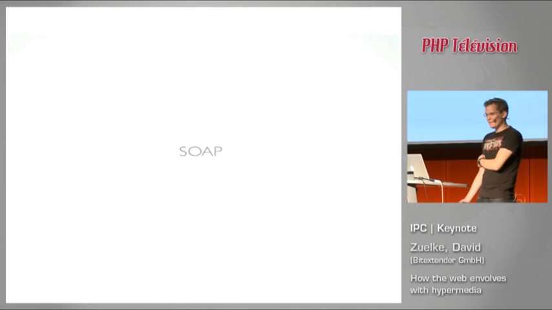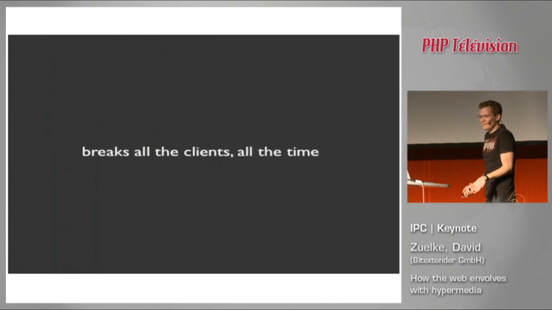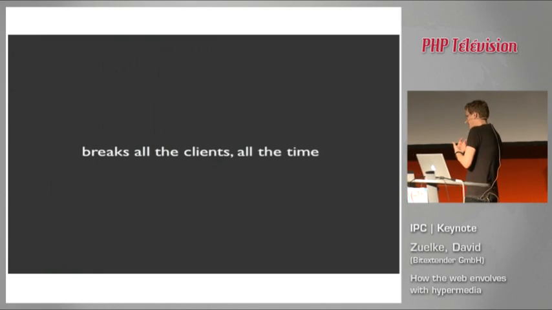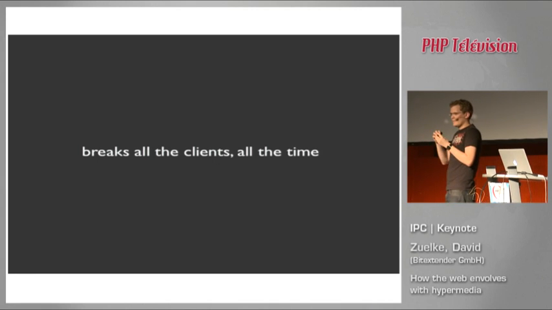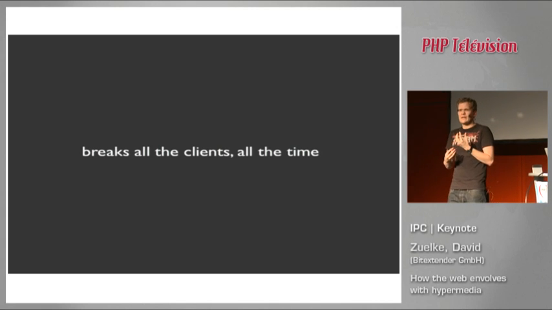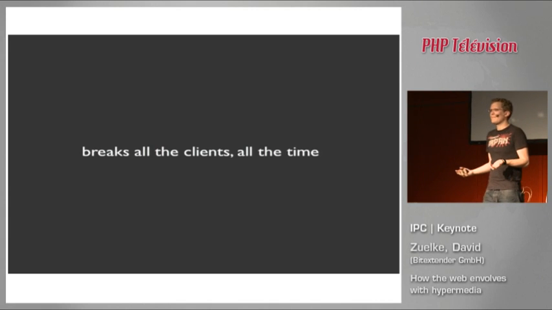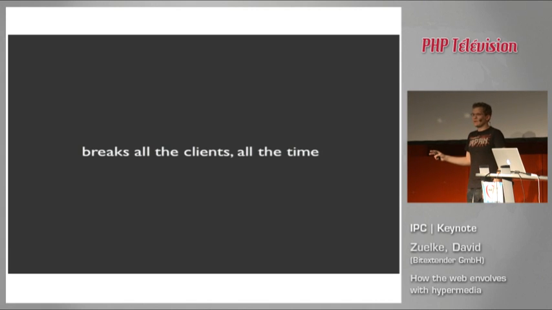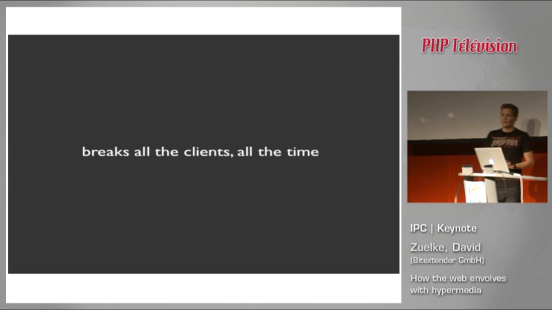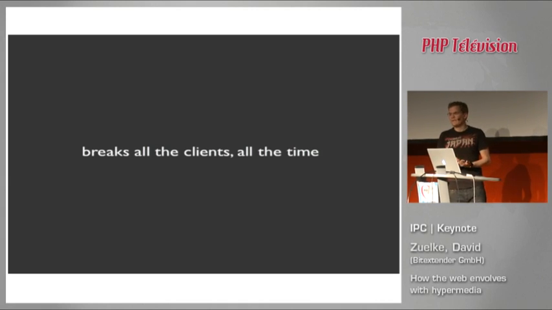See, because the problem with SOAP is that it breaks clients all the time. You have this schema and you have this well-defined expression of what element can contain what values. And usually, you bind your domain objects, your problem domain, to the interface. So whenever you make an internal change, it's a pain in the neck to keep the clients in such a way that they don't break.